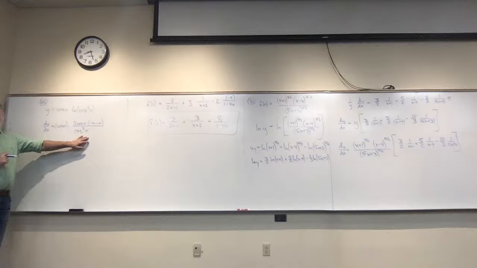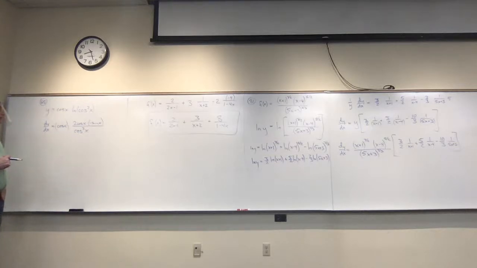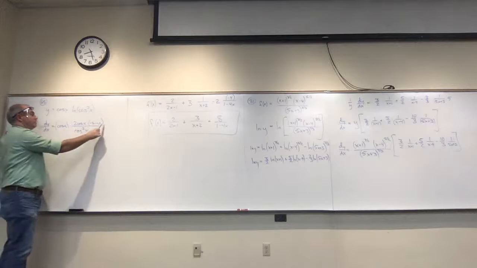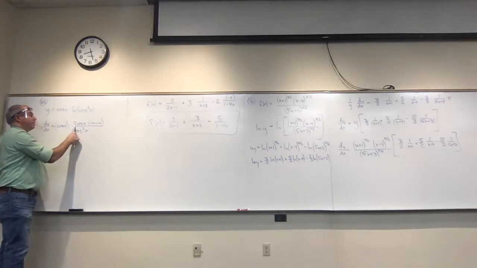Any questions on that? Why is this cosine squared of x on the bottom, and why is that 2 cosine times on the top?